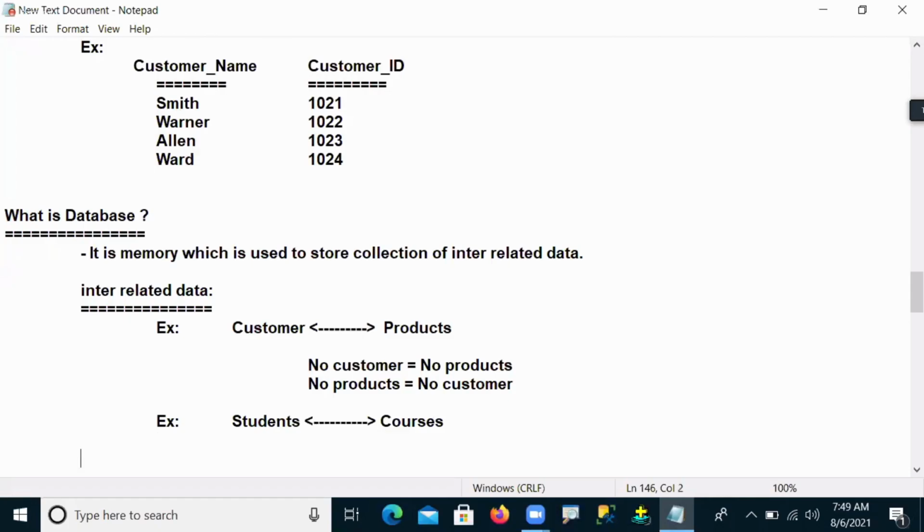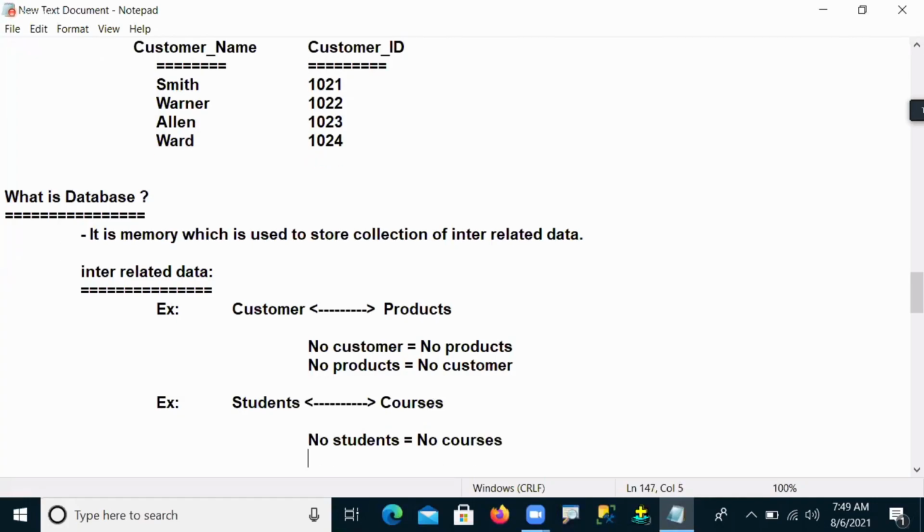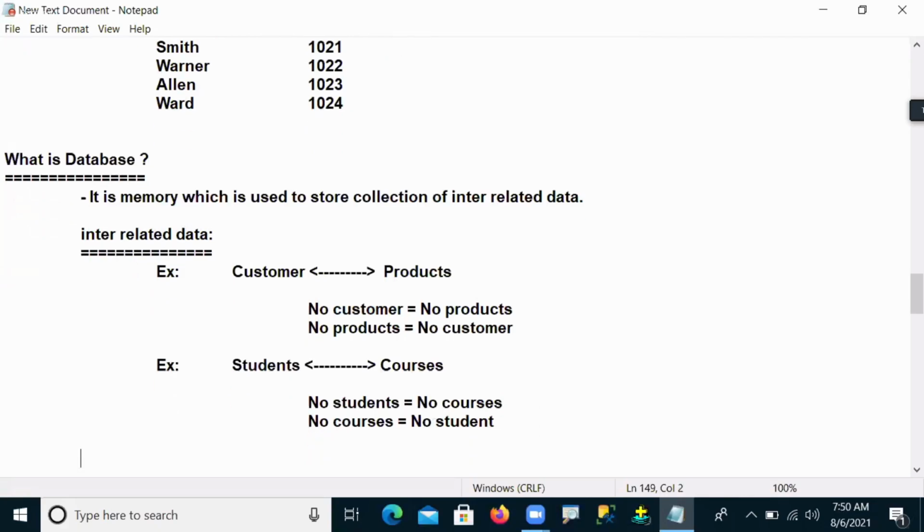If students are not there, there is no use of your courses. Same reason, no courses equals no students. Suppose in your institution courses are not available, then students don't come to you. So like this, you can give any examples of interrelated information.